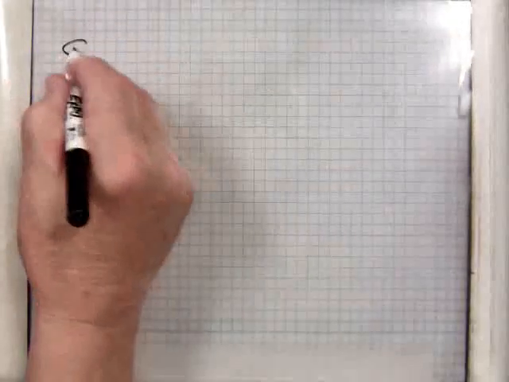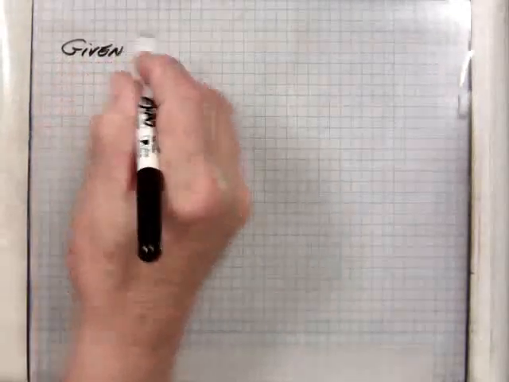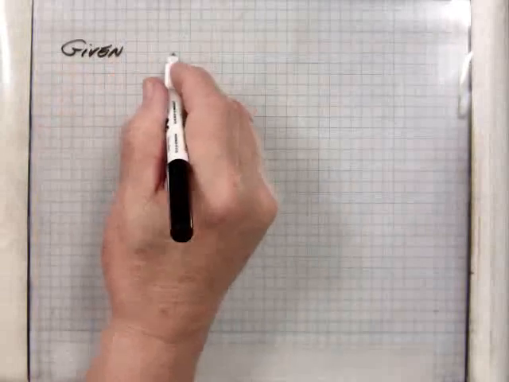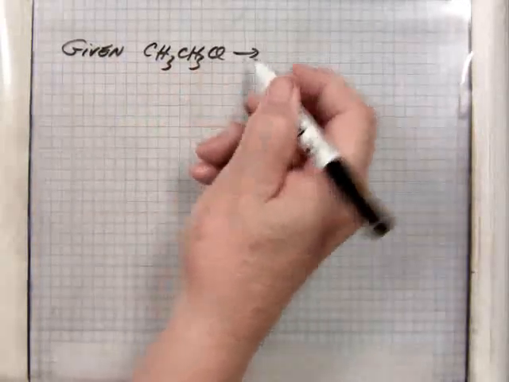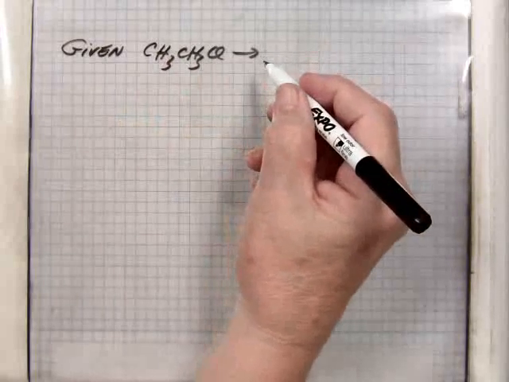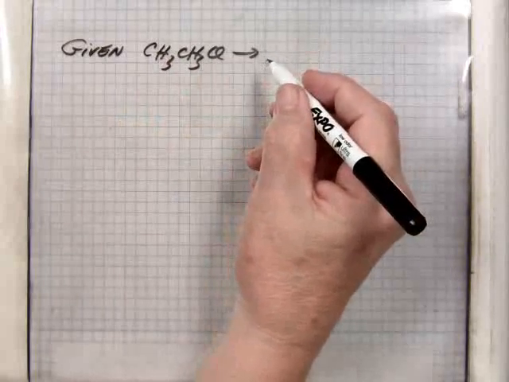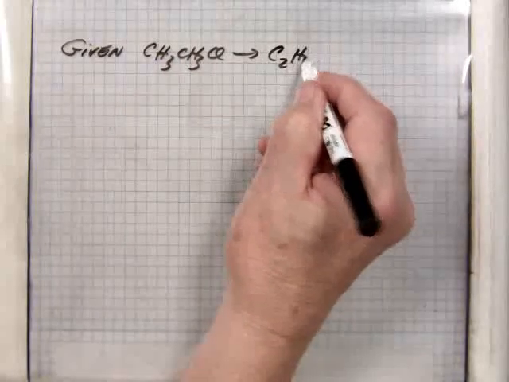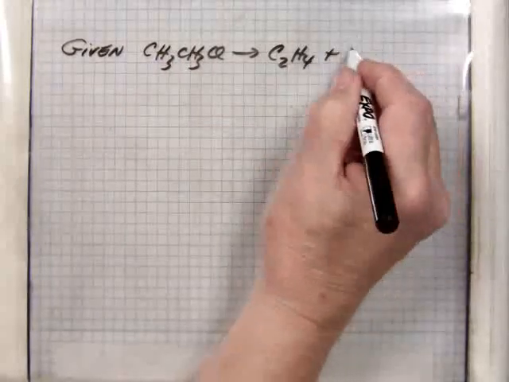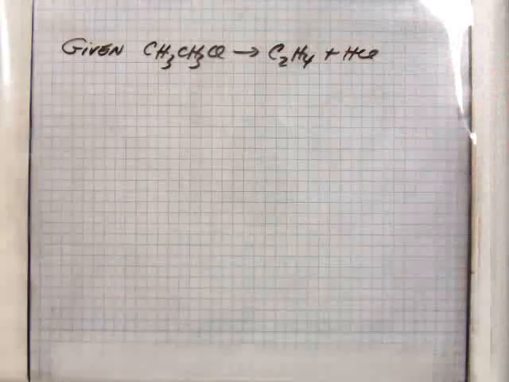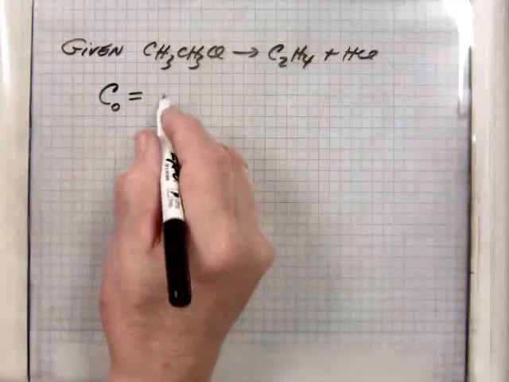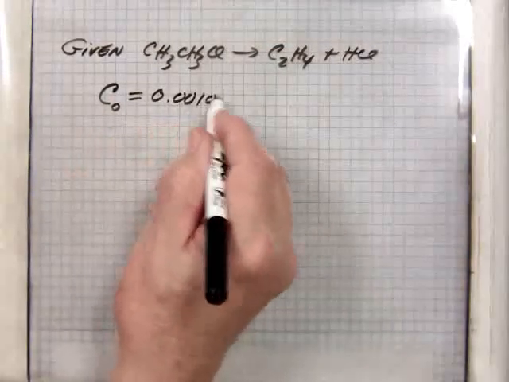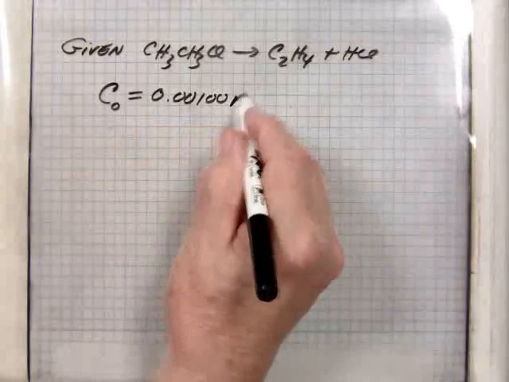So we're given in this problem the decomposition of the chloride going to ethylene, C2H4, and HCl. The reaction is first order, and the initial concentration is given to be 0.00100 molar.